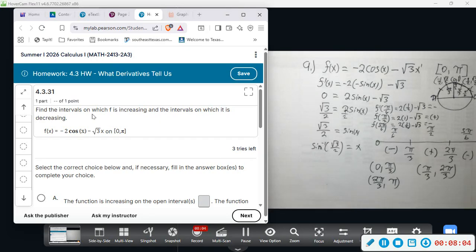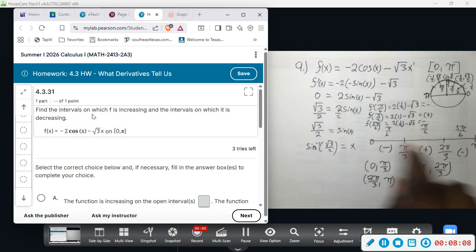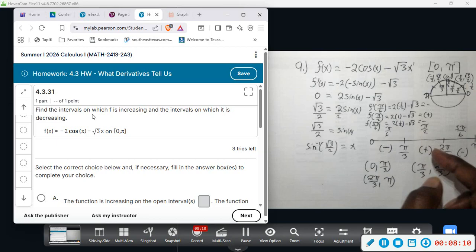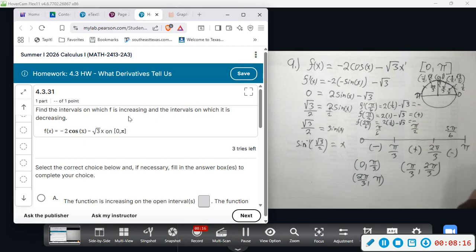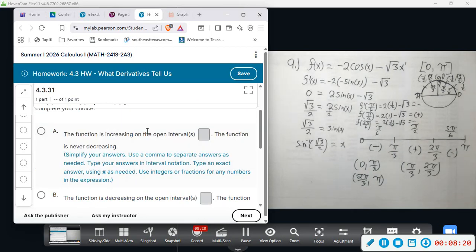So you can do the same thing with trig functions. Just got to remember: find the derivative, set it equal to 0, get the critical points, and then you just test what's happening in between. I'm sorry, I didn't realize all of that was kind of off the page, but just test in between each number.